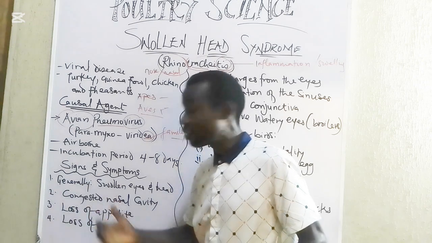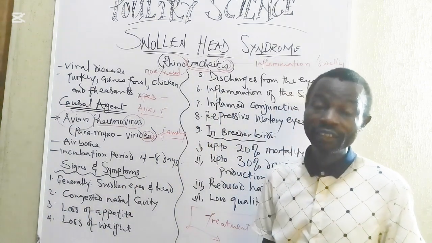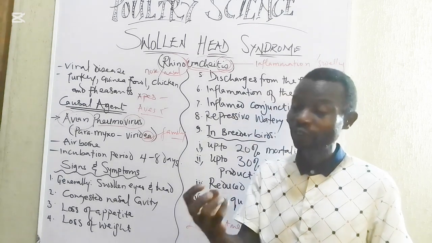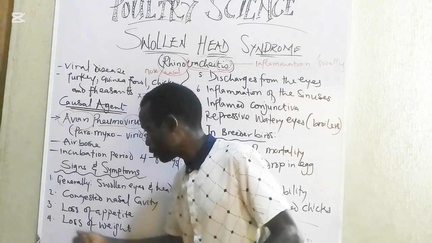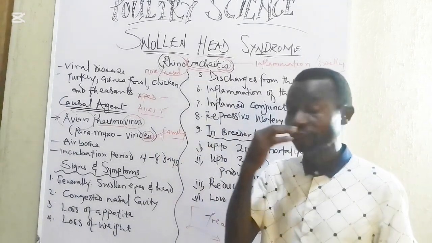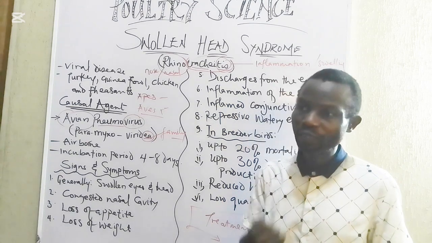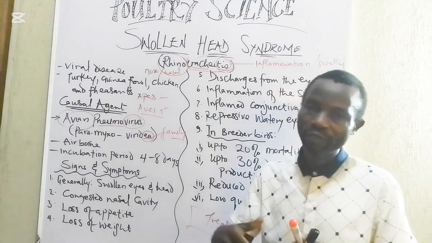The signs, generally, you see a swollen eye and swollen head. The eye is born on the head. So the eyes are swollen by the collection of fluid materials. Now you have a congested nasal cavity. The word cavity, in simple terms, means an opening or tube-like space in which something passes.